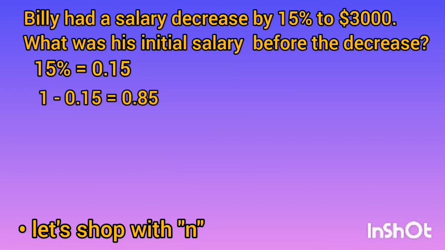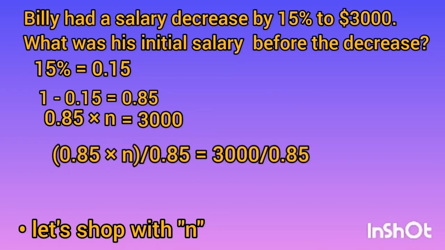We then multiply this with our favorite letter N and equate it to 3,000. If we divide both sides by 0.85, it gives us 3,450. Kudos to all those who were able to do it. At least you should be able to do it in less than 15 seconds.